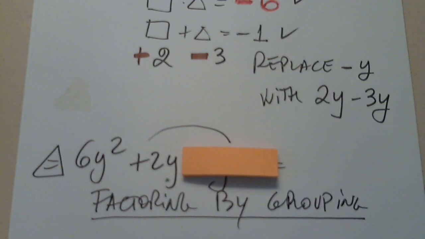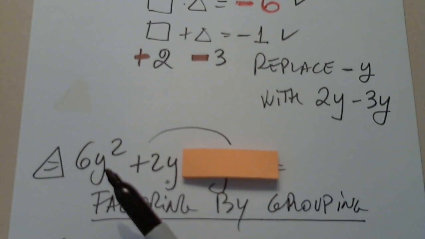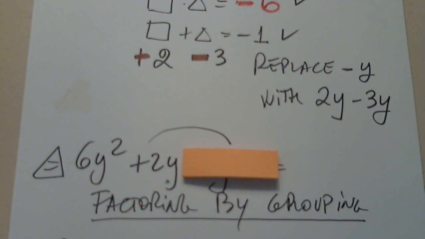First, we analyze the numbers. What is common in the numbers? What number is a common factor to 6 and 2? Anyone, please? 2, indeed. Now, what is common to y squared and y?